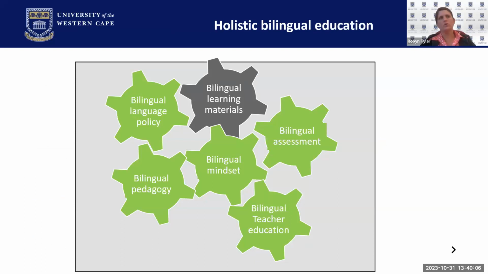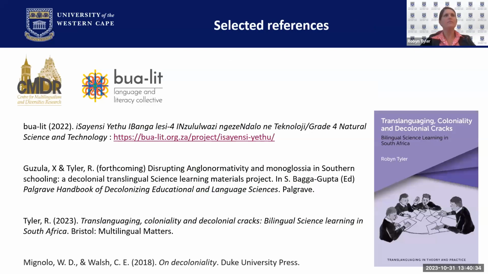So not only the bilingual learning materials, but developing bilingual language policy to enable teachers to be confident in this way of teaching. To train teachers in bilingual pedagogy, bilingual teacher education, bilingual assessment, and a bilingual mindset for everybody involved in the education system, acknowledging that learners' resources are important and it's possible to learn bilingually as well.